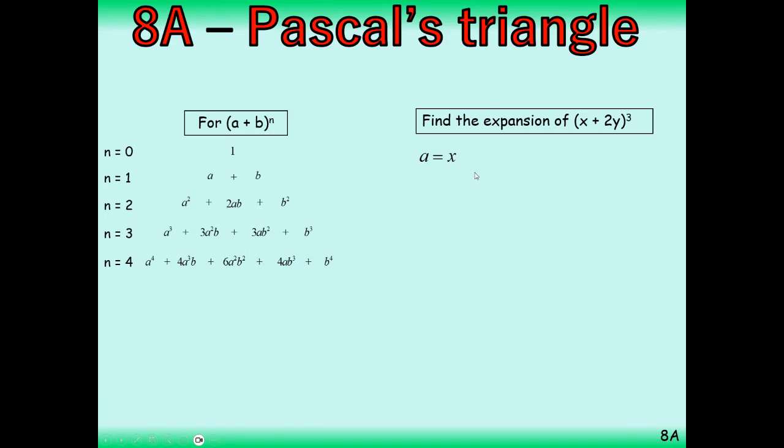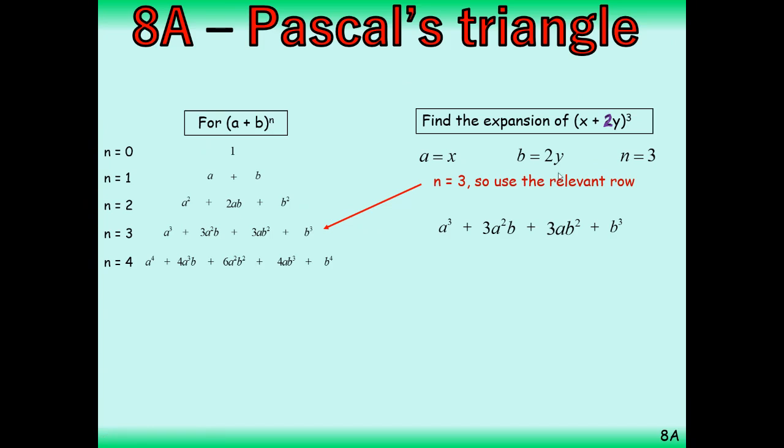You could think of it as a is x, b is 2y, and the power n is 3. You must be careful. Look, we're calling b 2y because there is an extra coefficient in our bracket that wasn't present in any of the examples we looked at previously. So there is something extra that you have to be careful about here.